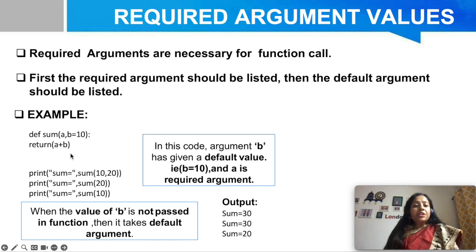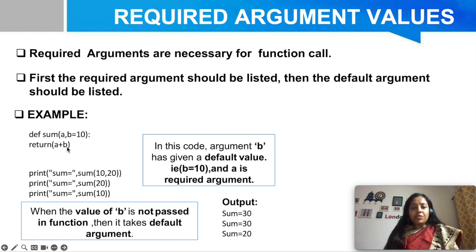So what is this particular program doing? We have defined a function here, and we are returning a plus b. While calling the function, students, just note here, first time we have called the function with two arguments. In this case, a is 10 and b is 20. If you are passing two arguments, the default value is overridden.